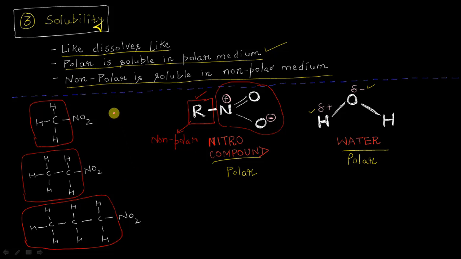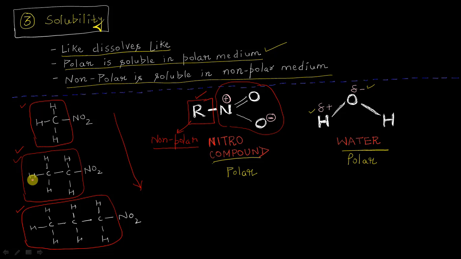So as we are moving from here to here, because the size of the R group is increasing, which is non-polar in nature, we can easily say the solubility of the nitro compound will decrease as the size of the R group increases. So it not only depends upon the nitro group, it also depends upon what type of R group is attached to the nitro part.